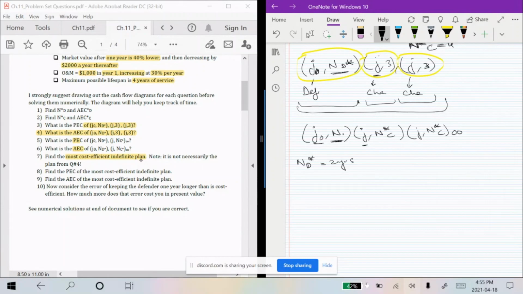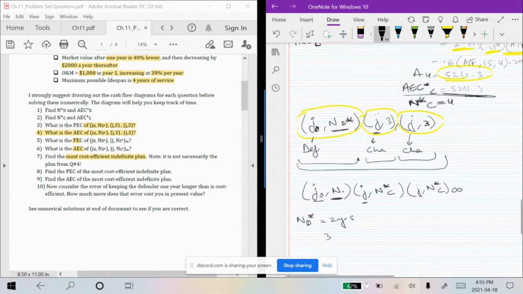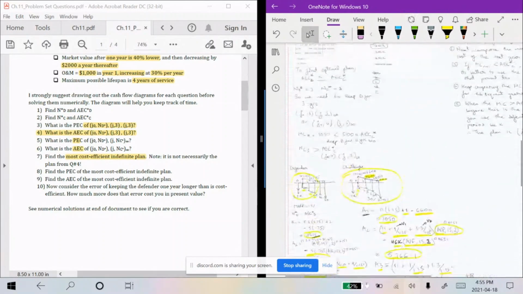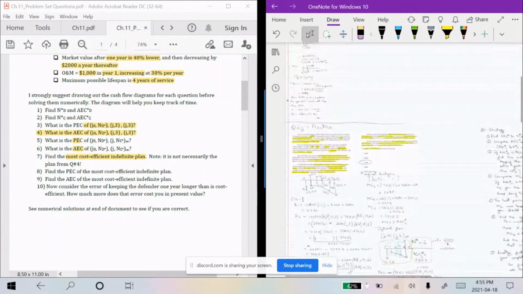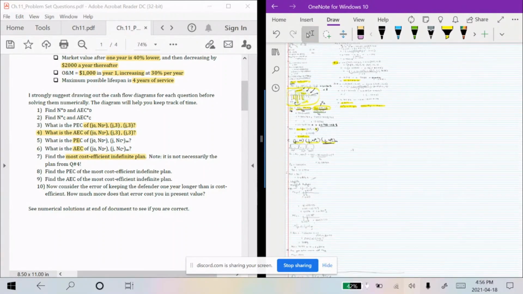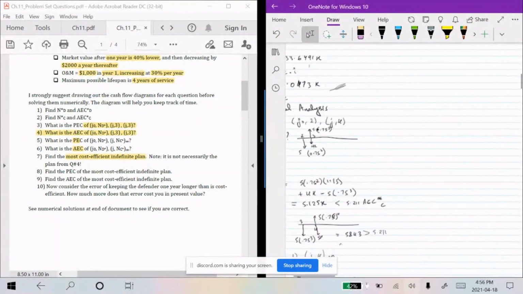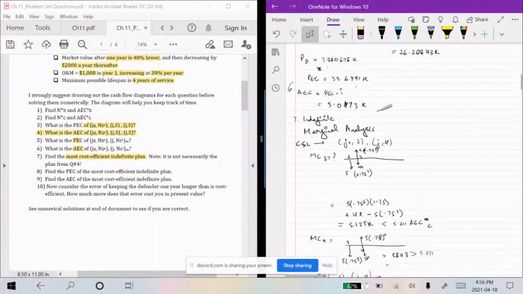We need to find how much it would cost to keep it for the 3rd year or the 4th year. So one second. Okay, this is what I did here. You need to perform this marginal cost analysis.